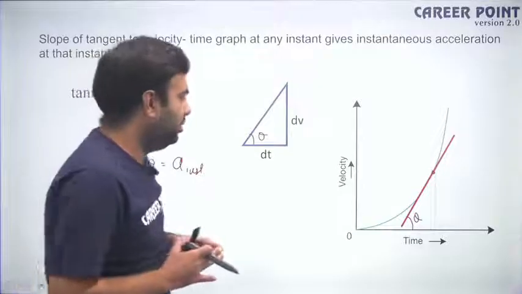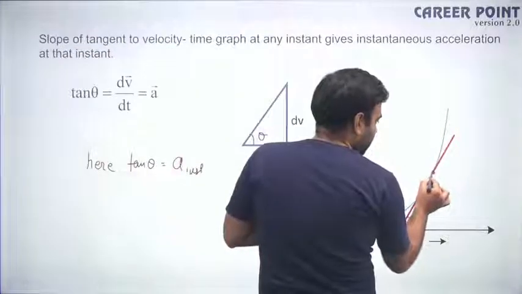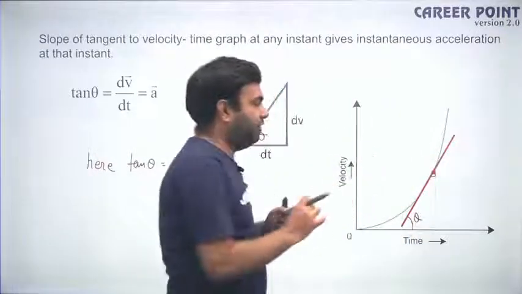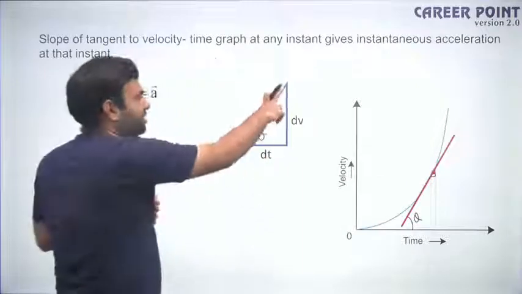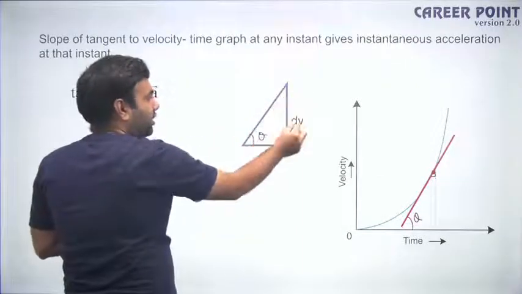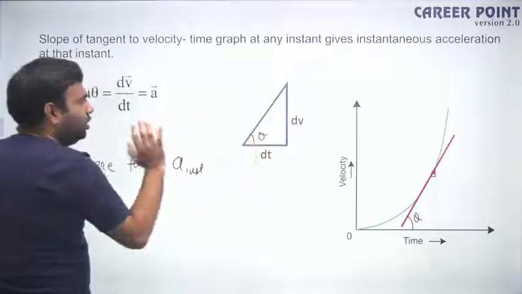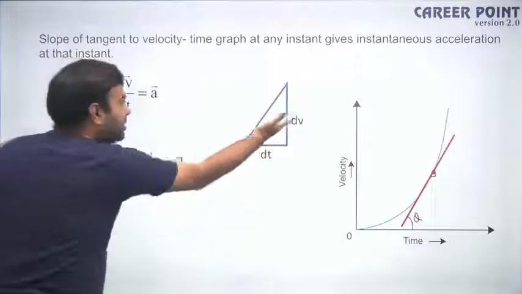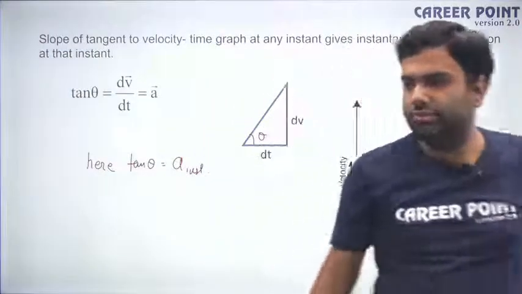If I assume that there is a small part overlapped by this tangent on this curve, then in this small part the change in velocity is small, that is dv, and the time taken to change this velocity is very small, dt. So tan theta will be dv by dt, and dv by dt is instantaneous acceleration. Yes, Abhishek, you are right.